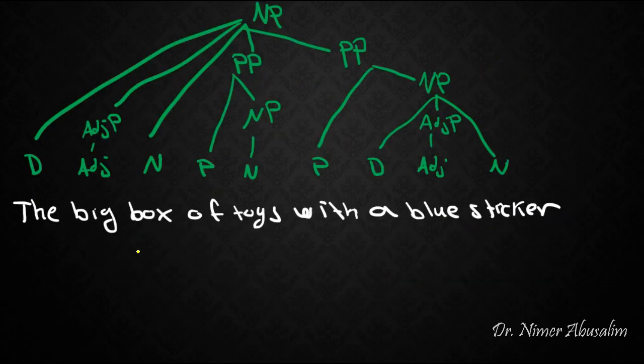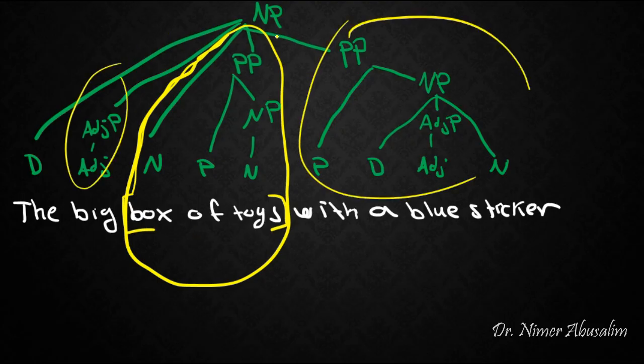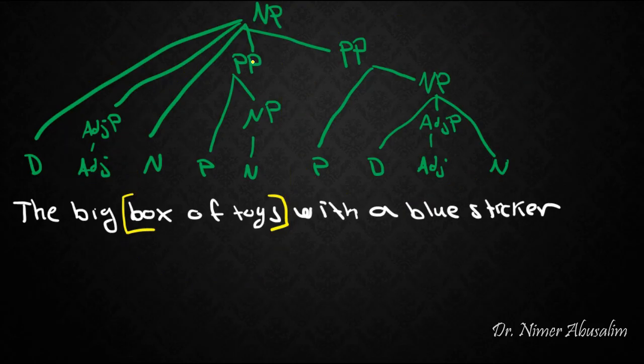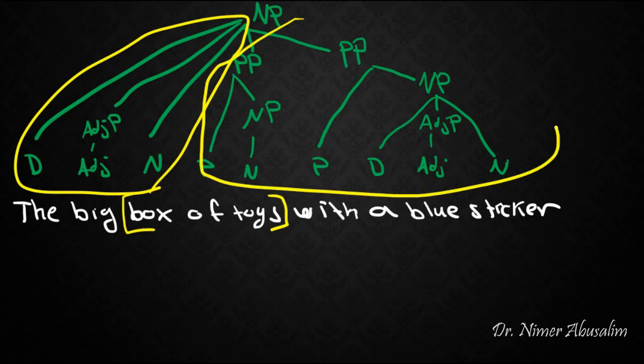Now again, our original structure does not show this. So here's box of toys. Let's trace it up like so. This does not form a constituent in the tree that we have here. There's still these two and these. All of these are parts of the tree. We could easily take, for example, this N to be here. I mean, why wouldn't it be there? We could take this PP to be here.